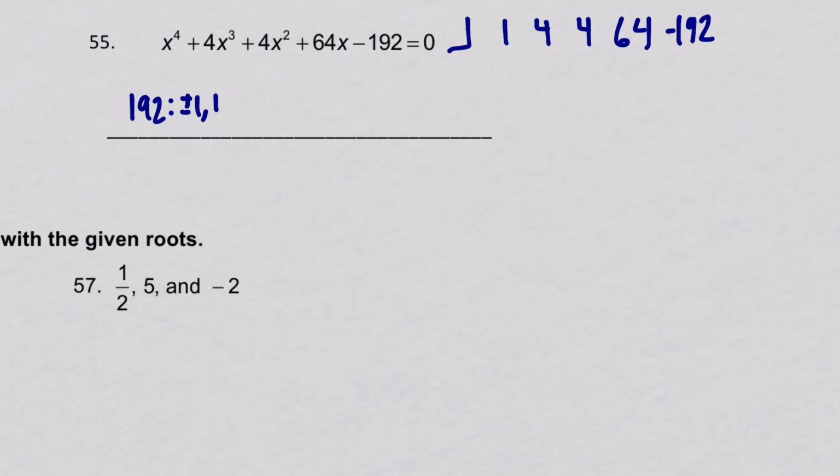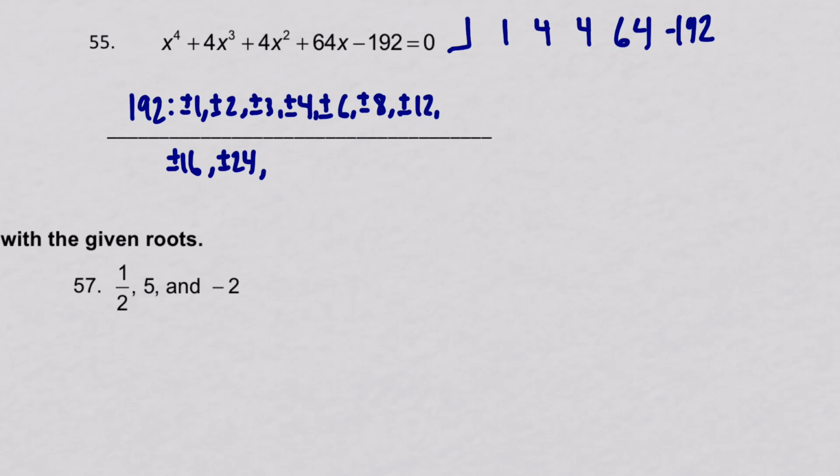Plus or minus 1, plus or minus 2, plus or minus 3, plus or minus 4, plus or minus 6, yes, plus or minus 8 goes into it, plus or minus 12, plus or minus 16, yes, 16, I'm going to continue down here, plus or minus 24, plus or minus 32.